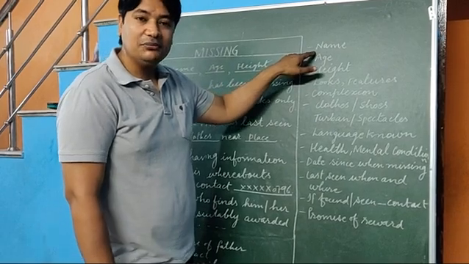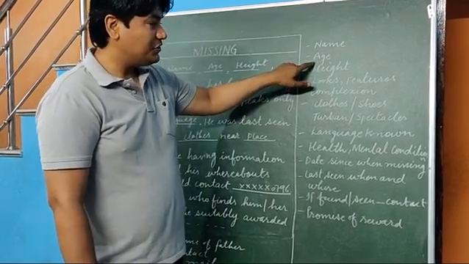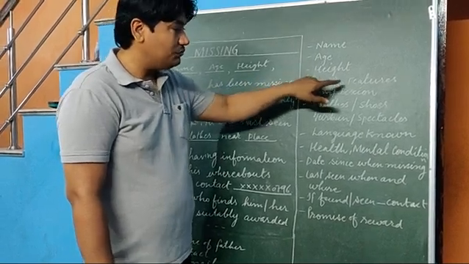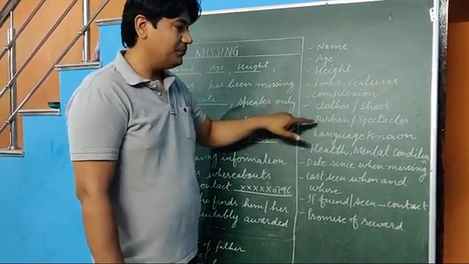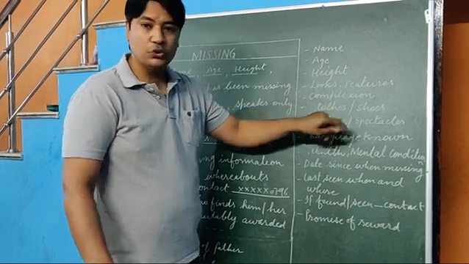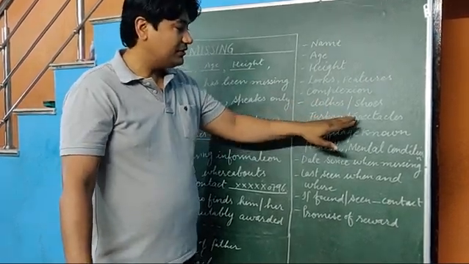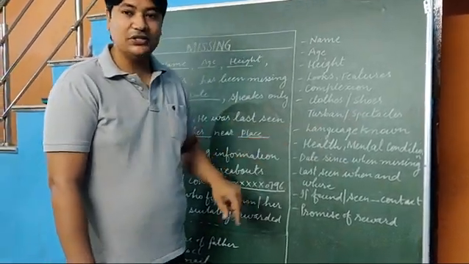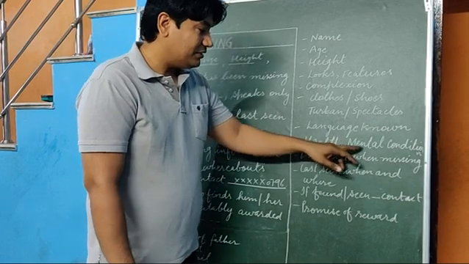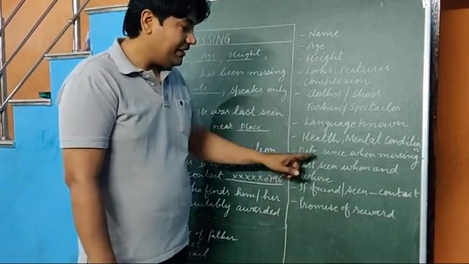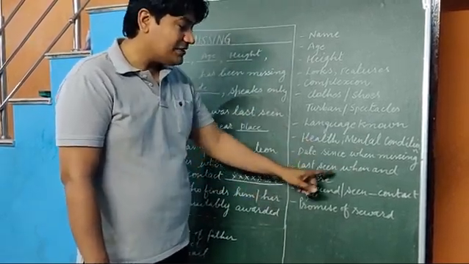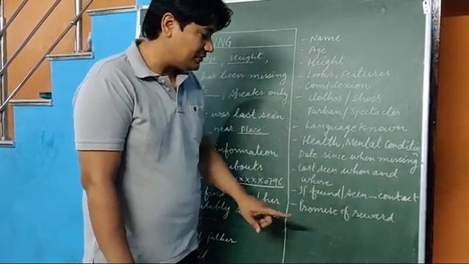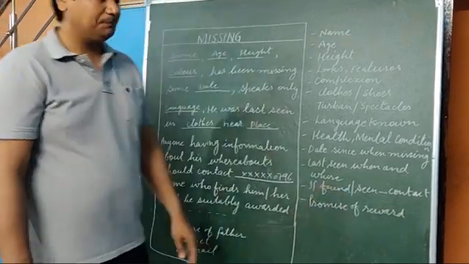Definitely we are to mention the name of the child, the age of the child, the height, looks, features, complexion, clothes, shoes, turban, whether he was wearing spectacles or not, languages he knows, health, mental condition, date since when missing, last seen when and where, if found or seen contact, and promise of reward.